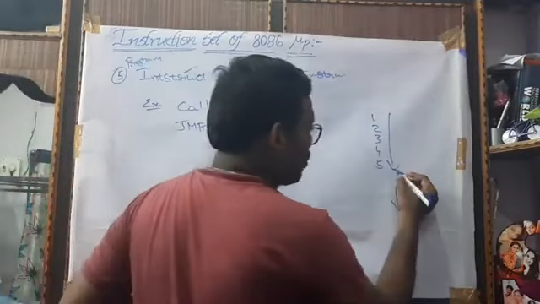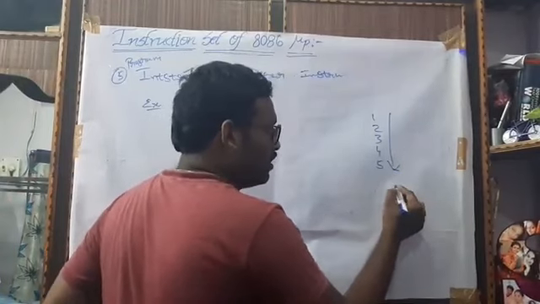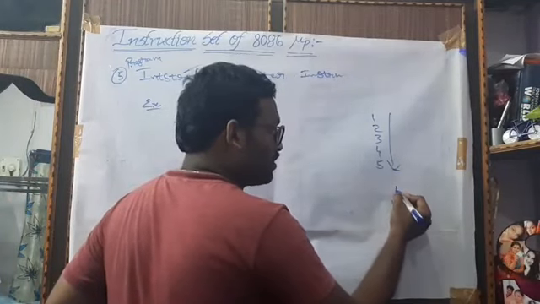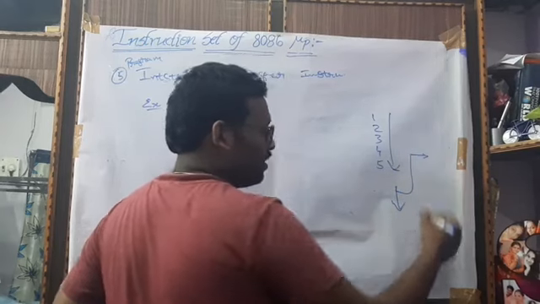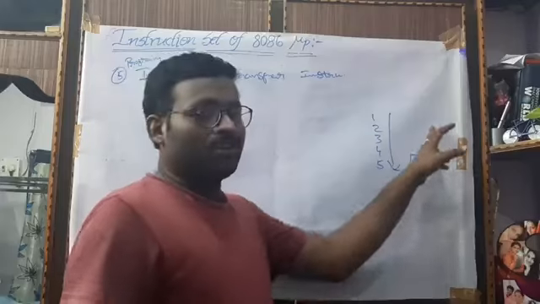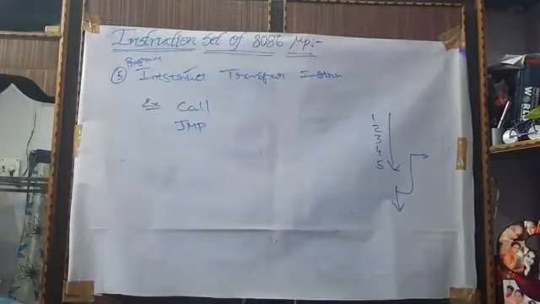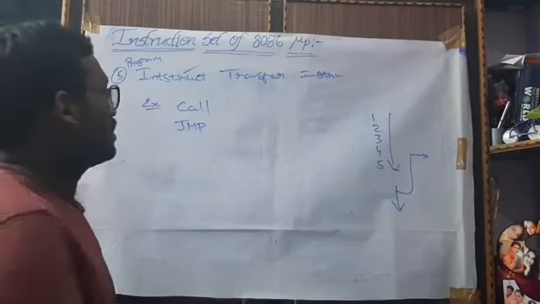Then the control of the microprocessor goes from this location to another location somewhere else. Okay, so these are the program transfer instructions.